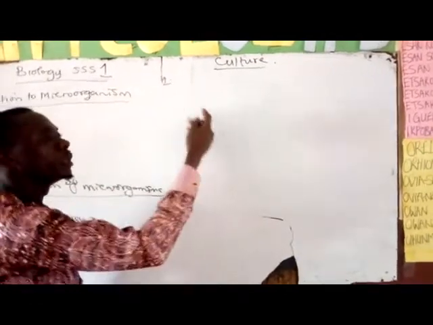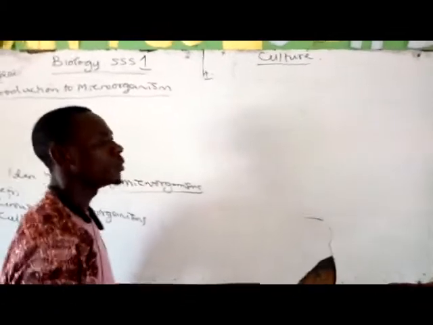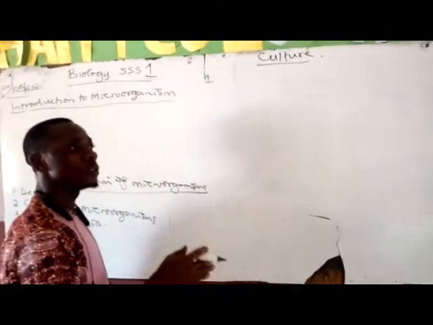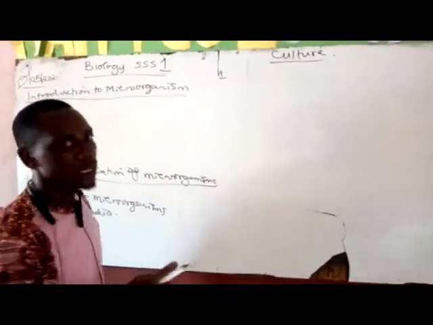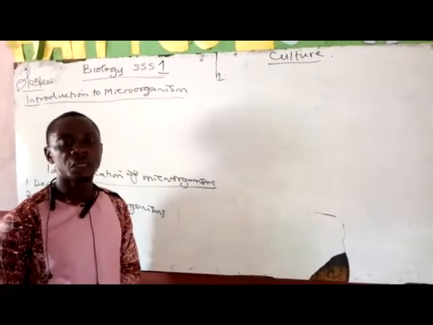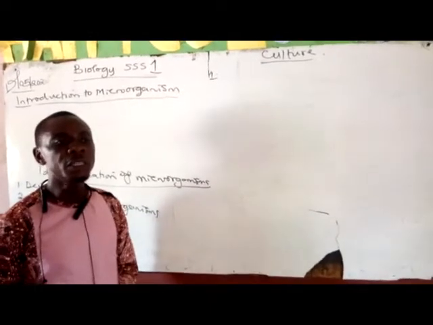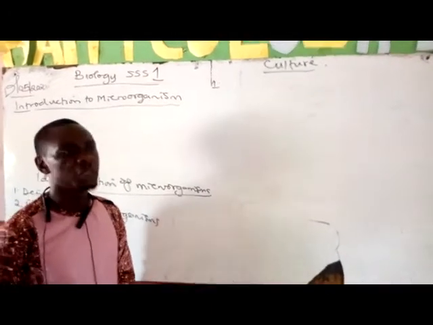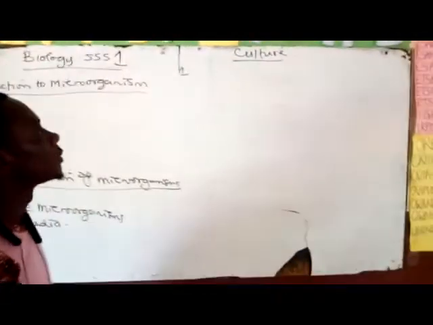Now, how do we establish a culture? What is the reason why we establish a culture? For us, it's usually a tool in the hand of scientists. It is used to carry out scientific research to find out properties of microorganisms, their method of operation, the kind of disease they cause, and all of that. It's a research tool.